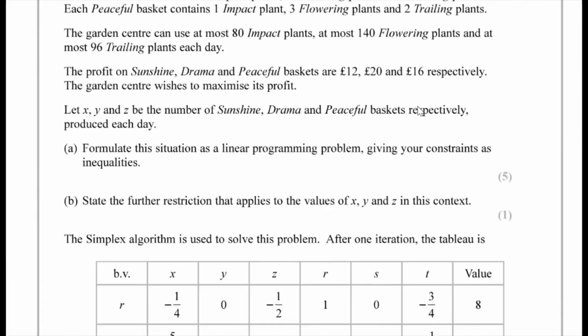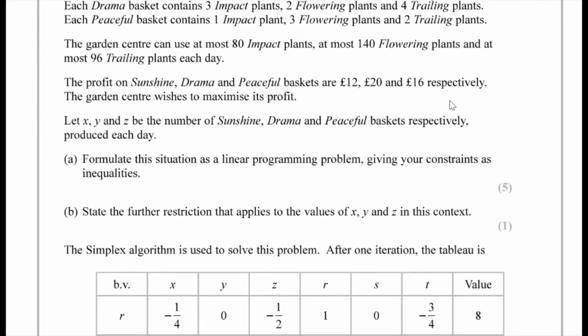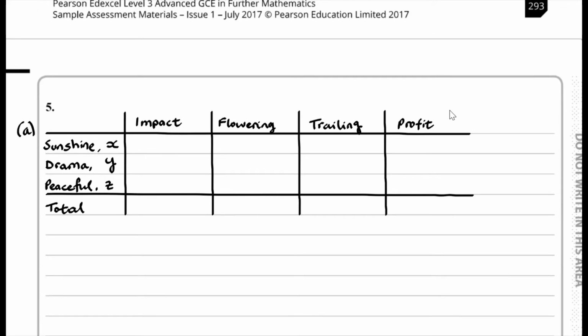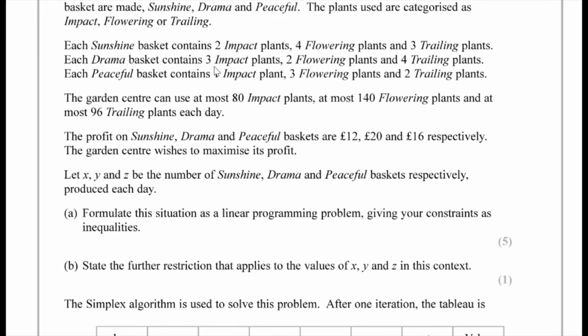Sorry, if I go back. In terms of Sunshine we have 2 impact, 4 flowering and 3 trailing. So we have 2, 4, 3. And if we take a look at Drama, we have 3 impact, 2 flowering and 4 trailing.